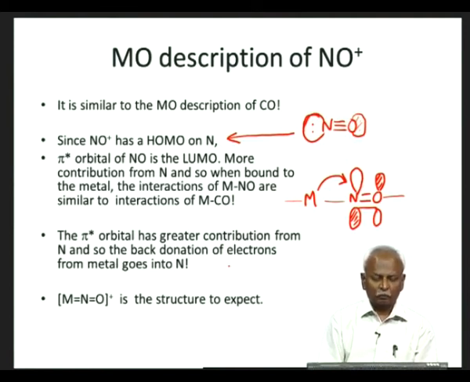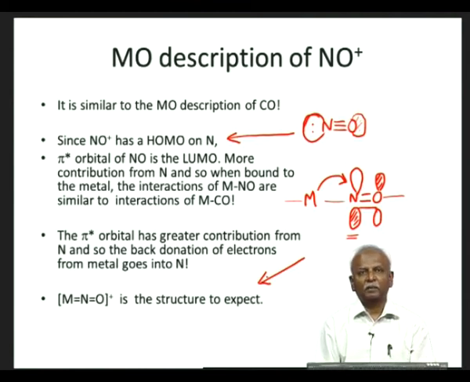Because the nitrogen has got greater contribution, as you can see from the larger size of the orbital that we have drawn here on the nitrogen, this overlap turns out to be significantly more in the case of the metal to nitrogen interaction compared to the pi repulsion that you will have from the filled pi orbital on the nitric oxide. So, this is very similar to what we would expect for carbon monoxide, and we can expect this type of a resonance structure for M-NO plus also.